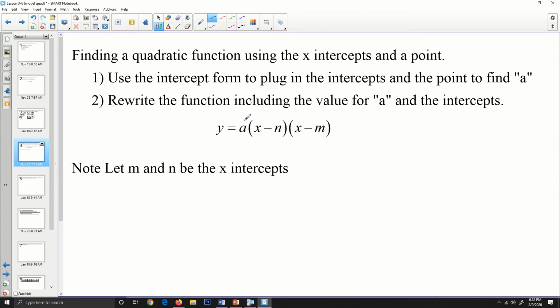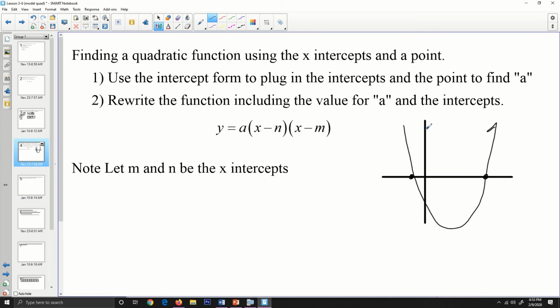And then this a value gives us the correct slant of the graph. What I mean by that is this. If I had two x-intercepts, let's say I called this one x-intercept and this my other intercept, there's an infinite number of parabolas that I could draw through it.